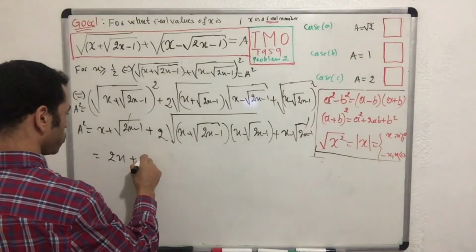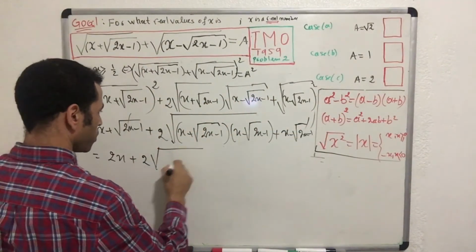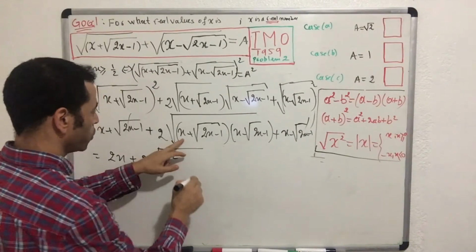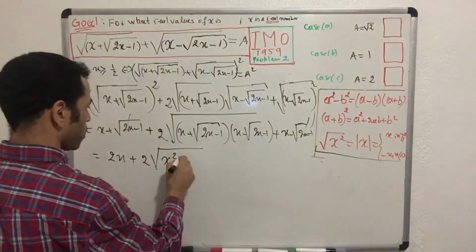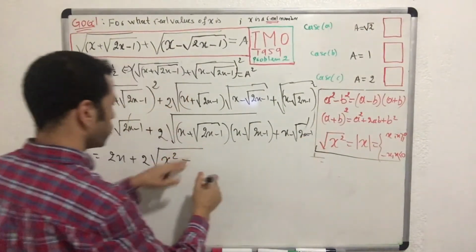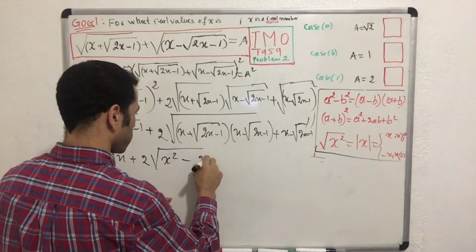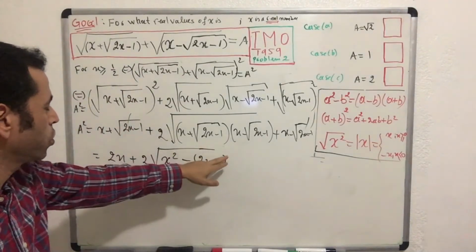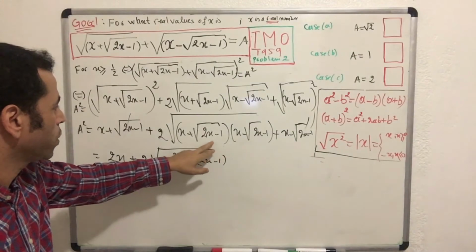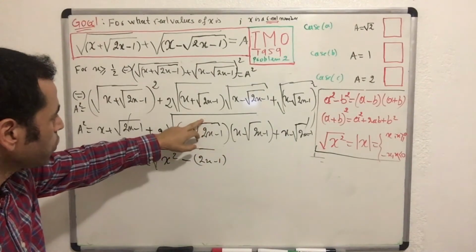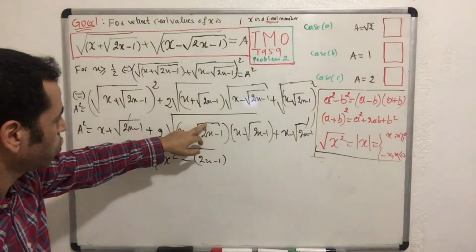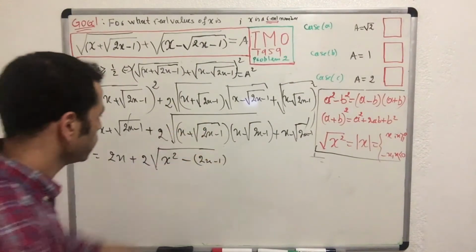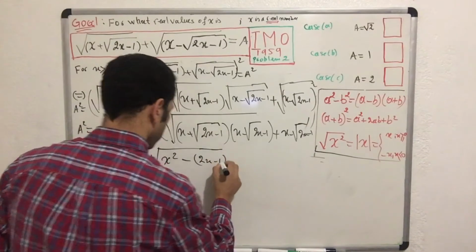So we have to multiply by square root of x square, which is a square, minus b square, which is 2x minus 1, okay? Because the square root and the quantity square will be cancelled. There will be no square root here because of the power 2 of this identity.